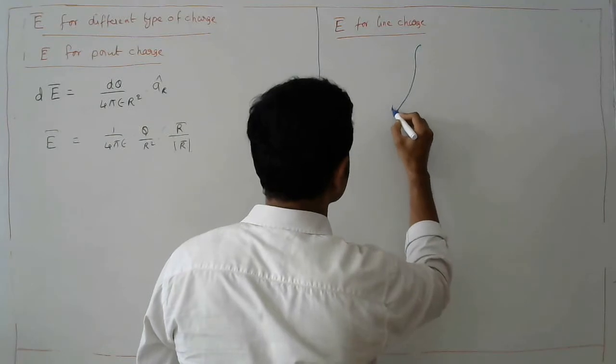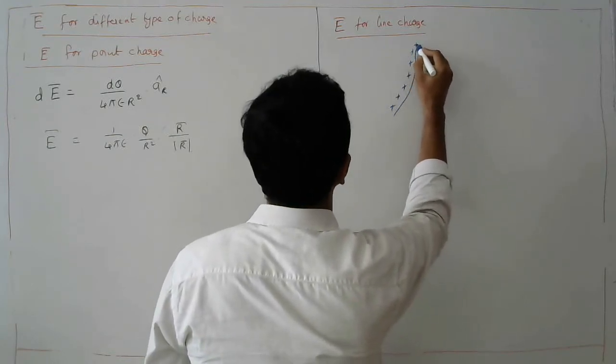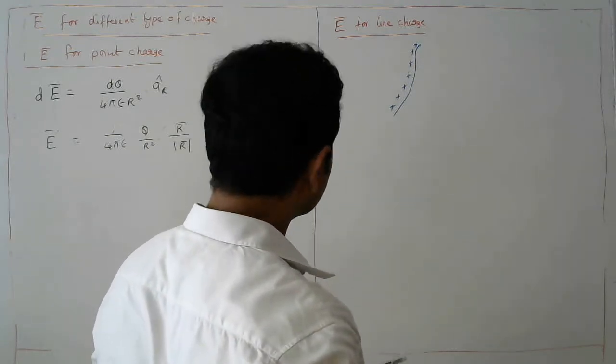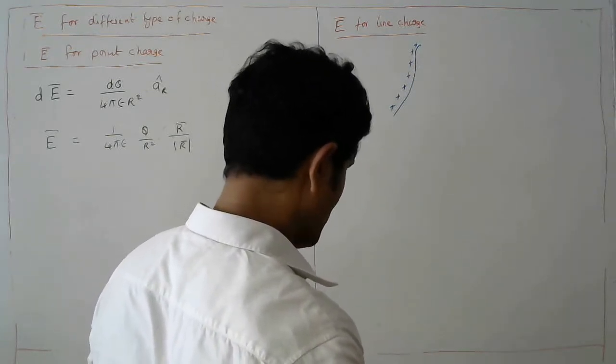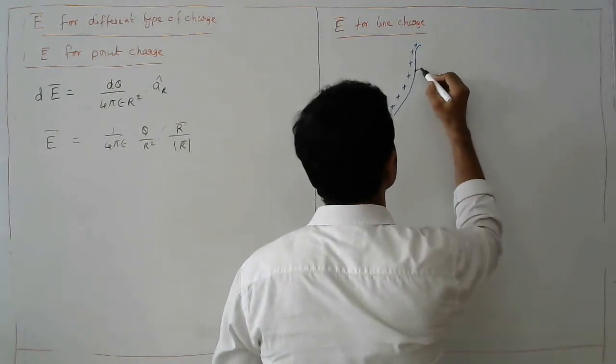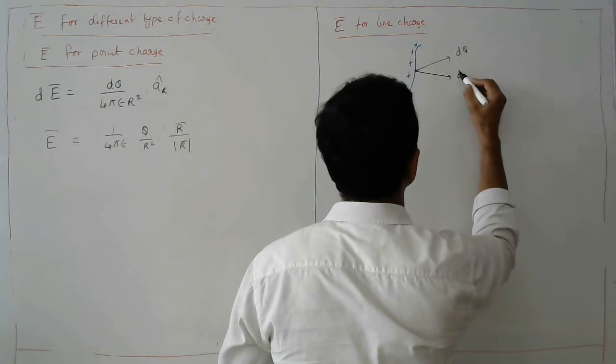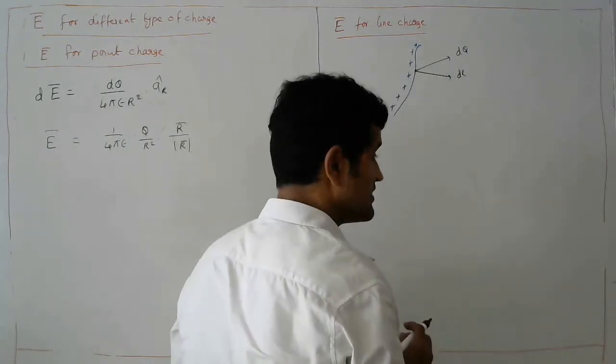Over the total length of the charged body, at any one particular point, the charge is dq and the differential length is dl bar.